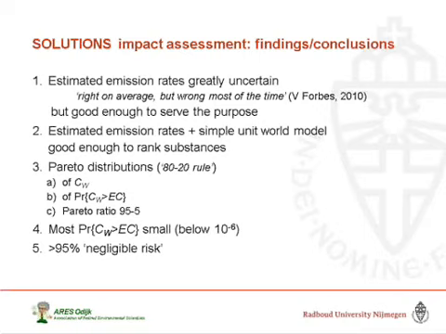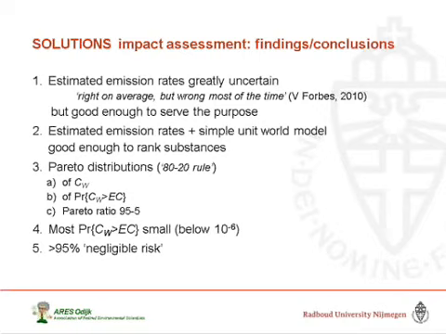Using the estimation rates and the integrated model was good enough to rank chemicals according to their expected impact on aquatic ecosystems. What we found was, in general, Pareto distributions of everything. Pareto distributions of concentrations in the environment.